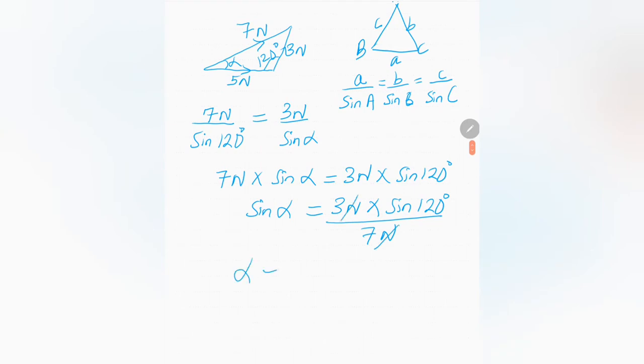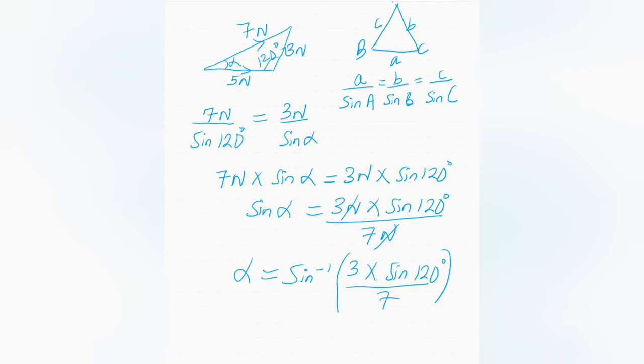Then your alpha will now be the sine inverse, or some people call it arc sine, of 3 times sine 120 degrees over 7. If you use your calculator to do this like I'm doing right now, though you can't see me, you try and do it.